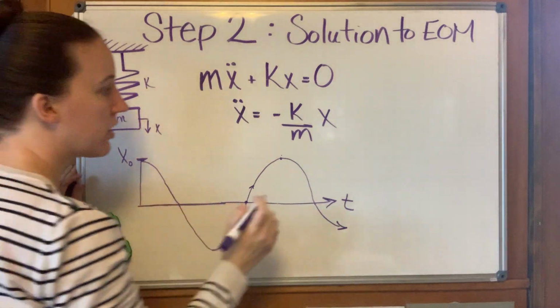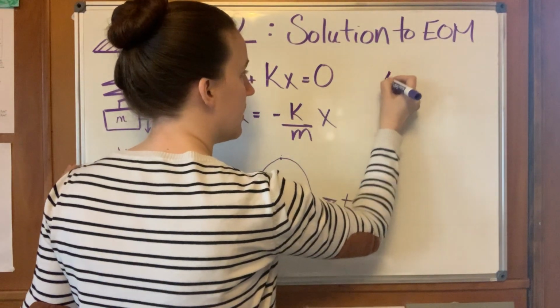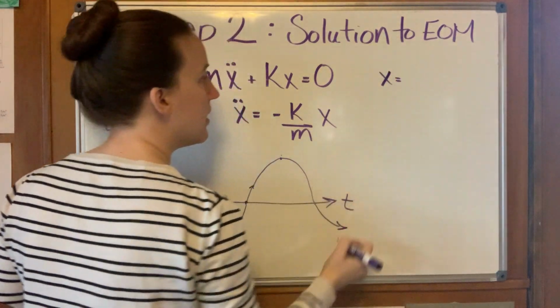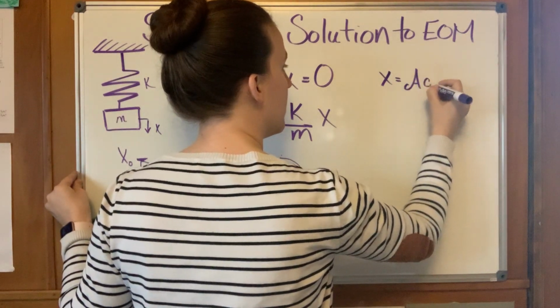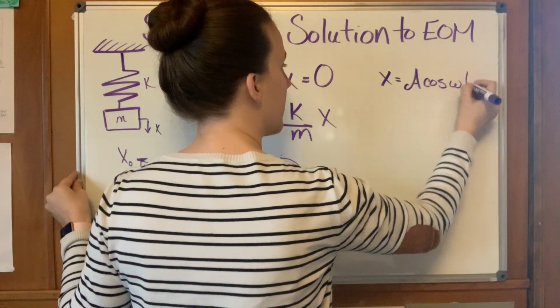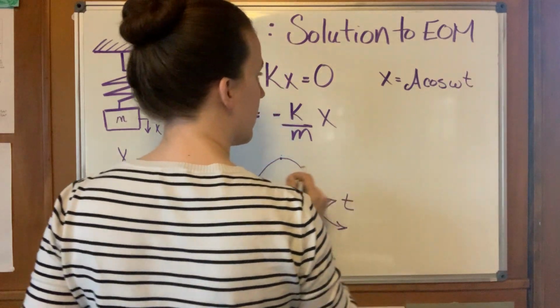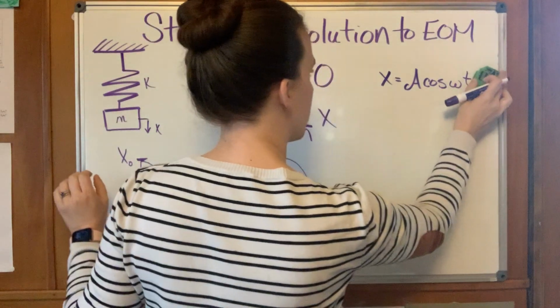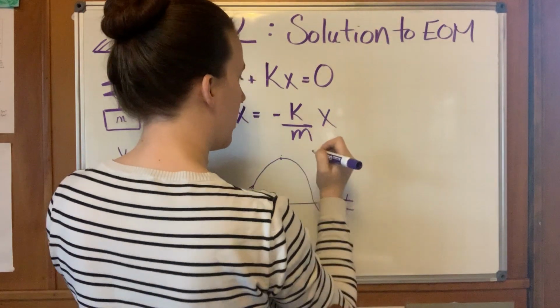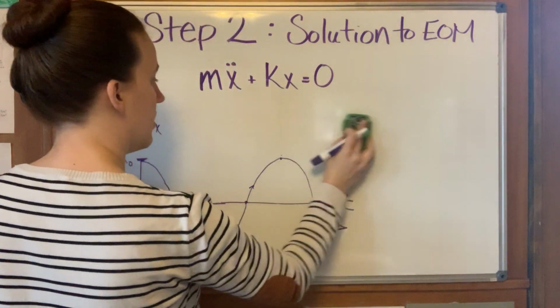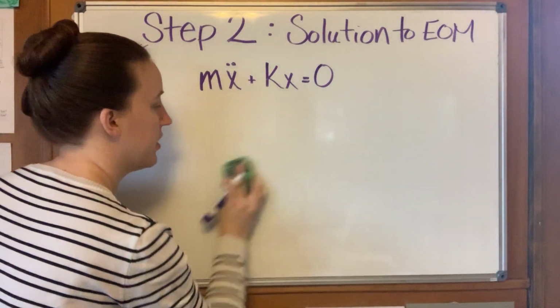So we're going to write, let's say x is going to be equal to a cosine omega t. Actually, I want there to be more room here, so I'm going to erase this and give ourselves some more room.